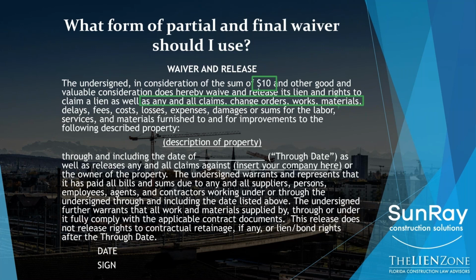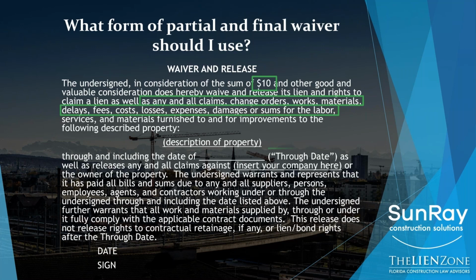So number one is $10. We'll talk about that later and why that's important. But notice what it is giving up in this release as well. Any and all claims, change orders, works, materials, delays, fees, costs, losses, expenses, damages, or sums for the labor, services, or materials furnished to and for the improvements described below.